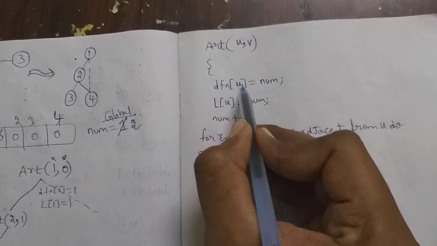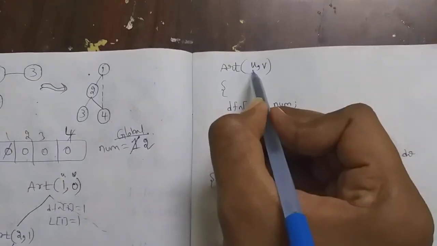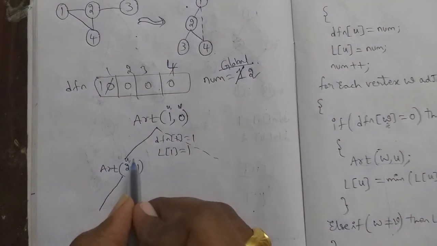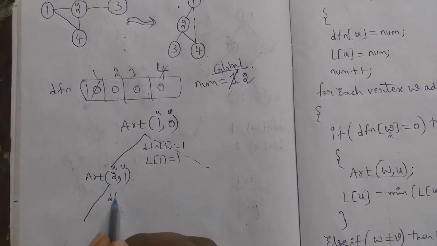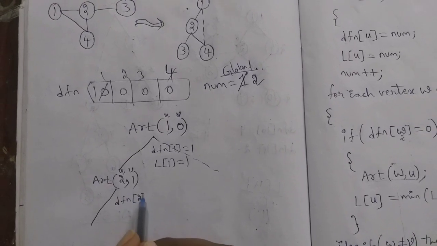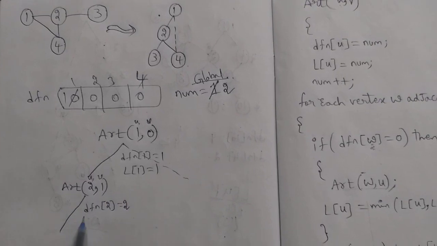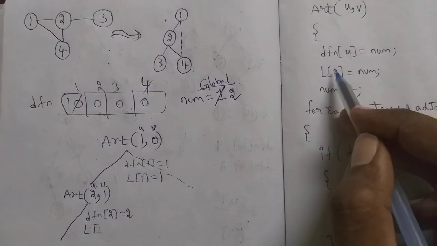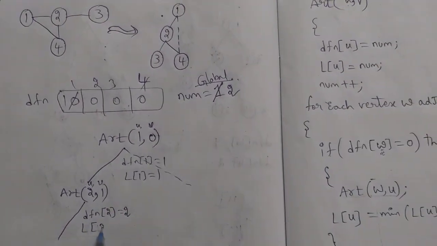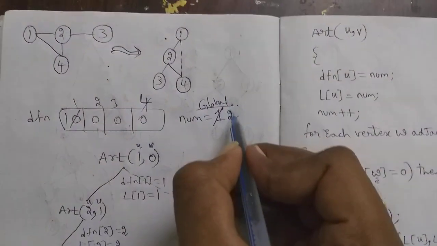In this function call, u means 2 now. Therefore depth first number of 2 is equal to num. Num is 2 and L of 2 is equal to 2, and also num plus plus.